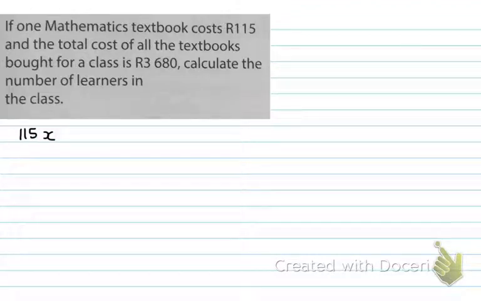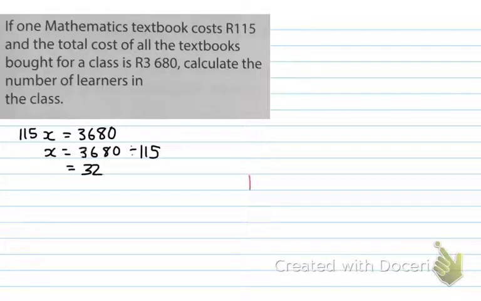So we say 115 times the number of textbooks must be equal to 3,680 Rand. To get the number of textbooks, I'm going to say 3,680 Rand divided by 115, and that gives me 32 learners in the class.